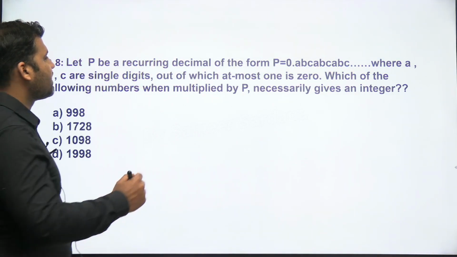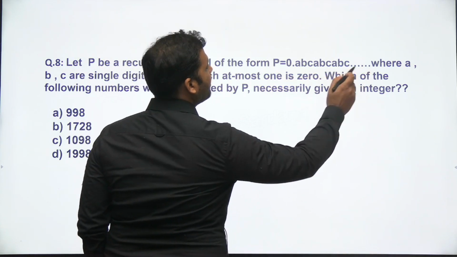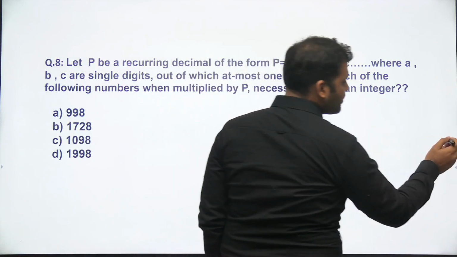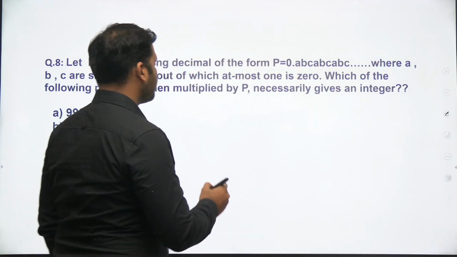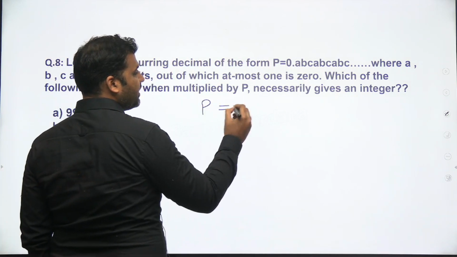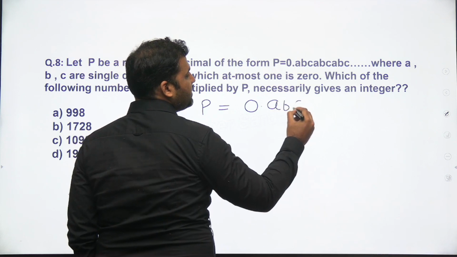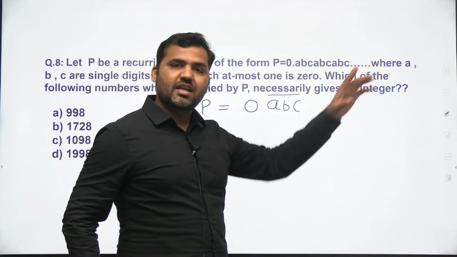It says that P is a recurring decimal of the form 0.ABC, ABC, ABC and so on, where A, B, C are single digits out of which at most 1 is 0. P as a number is given to you as 0.ABC. Can I place a bar on 3 digits? Why? Because 3 digits are getting repeated.